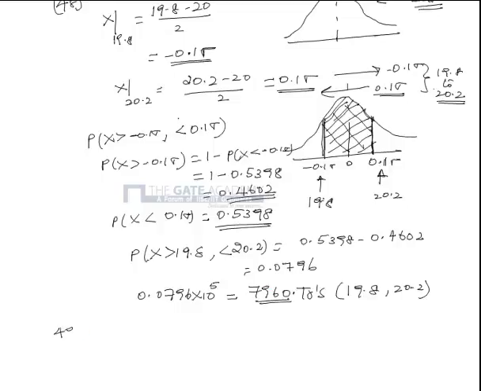Now moving on to the next question, 49, the continuation. Here we are asked to find how many transistors will have greater than 17 as current gain. In a similar way, we need to calculate x corresponding to 17, as (17 minus 20) by 2, which gives me minus 1.5 sigma.